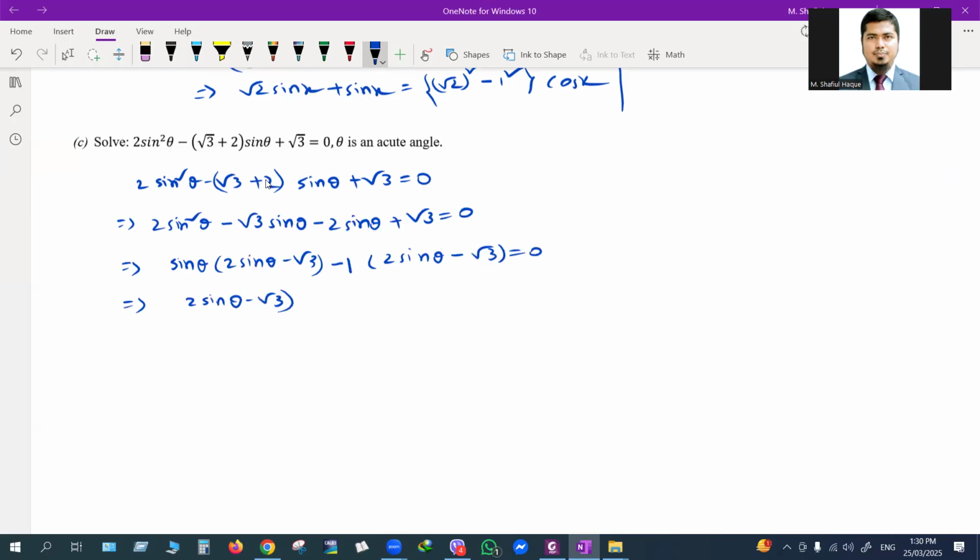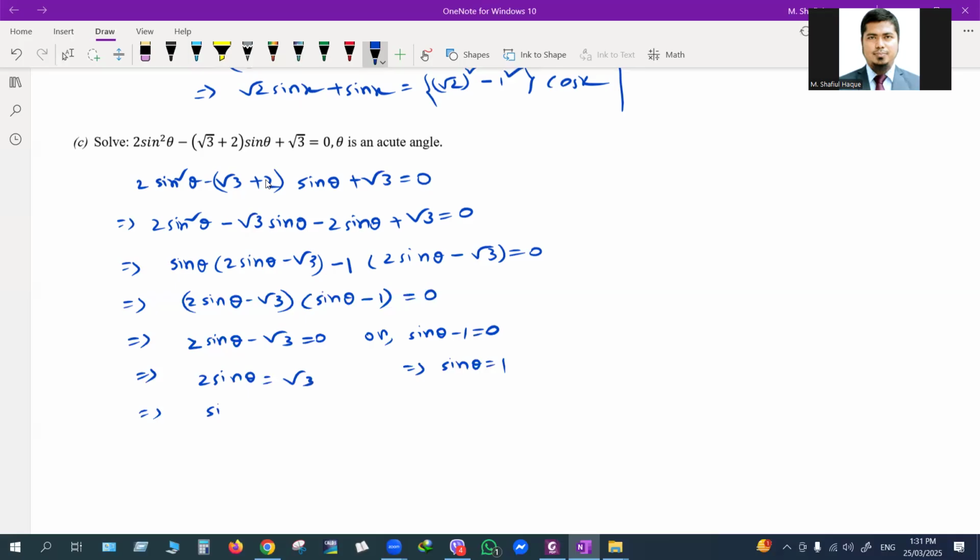We'll take common 2 sin theta minus root 3, and sin theta is left from the first term and from the second, minus 1. So product of these two is 0. So 2 sin theta minus root 3 is equal to 0, or sin theta minus 1 is equal to 0. So 2 sin theta is equal to root 3, or sin theta is equal to 1.